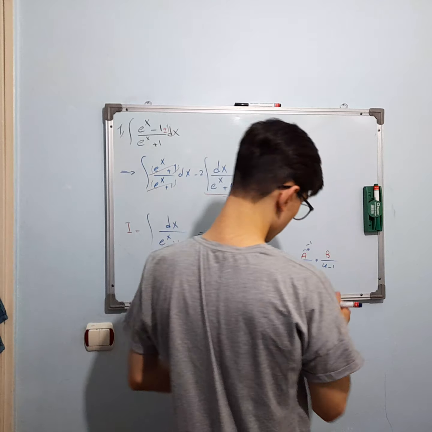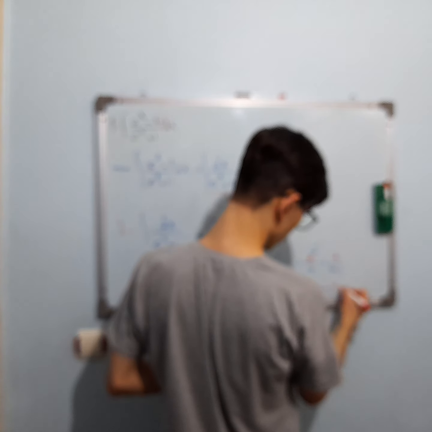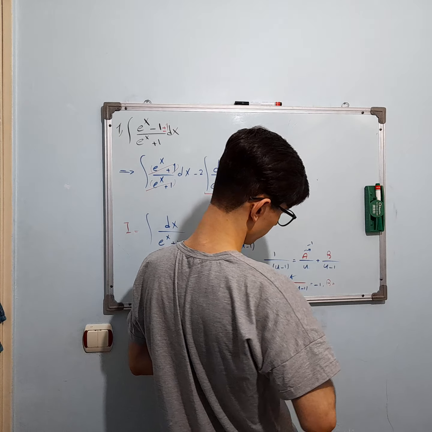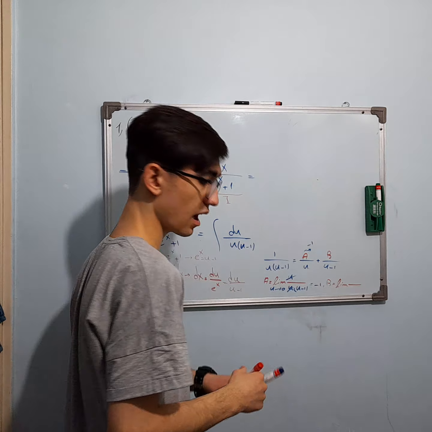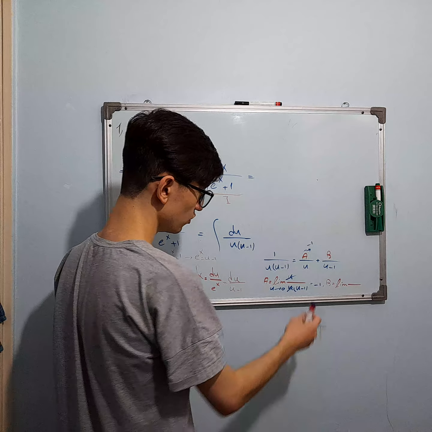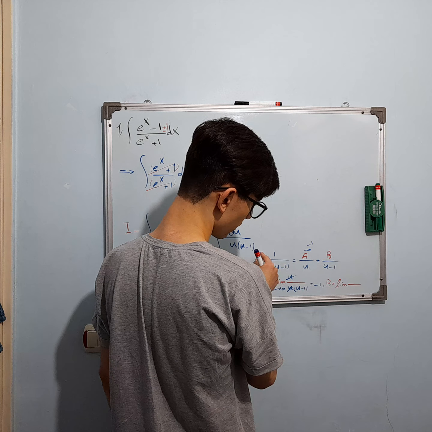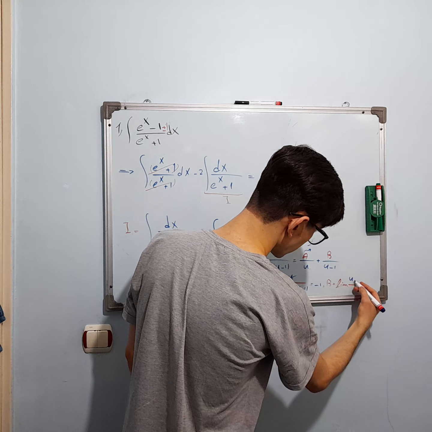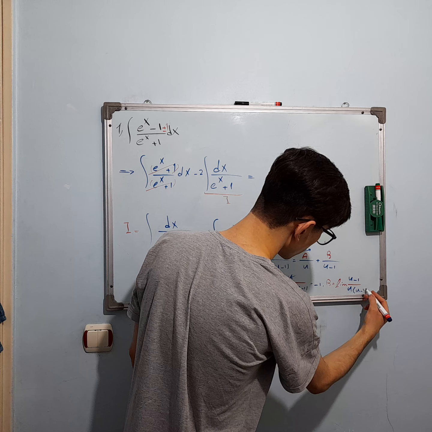Now what? To find b, we must do the same thing. Limit of, now what we're gonna do, we must bring u minus 1 from the denominator to the top here, u minus 1 over u times u minus 1.